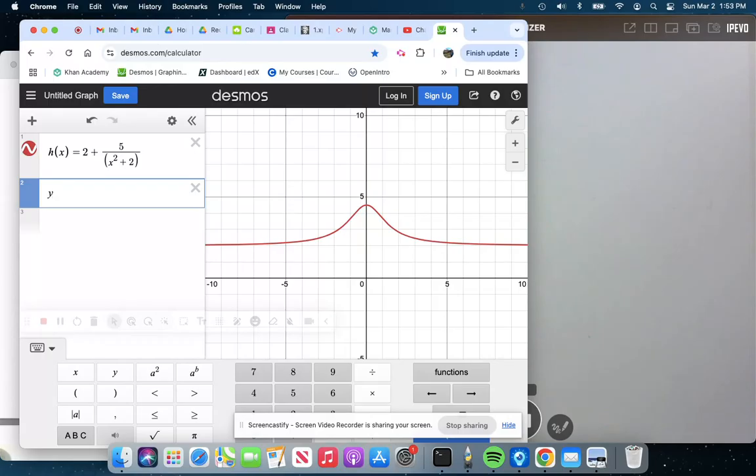If I do y equals 2, you do see that the graph approaches that line, because this can get very close to 0, but it will never be 0, right? So it does approach positive 2. So we do have a horizontal asymptote. We do not have a vertical asymptote here.